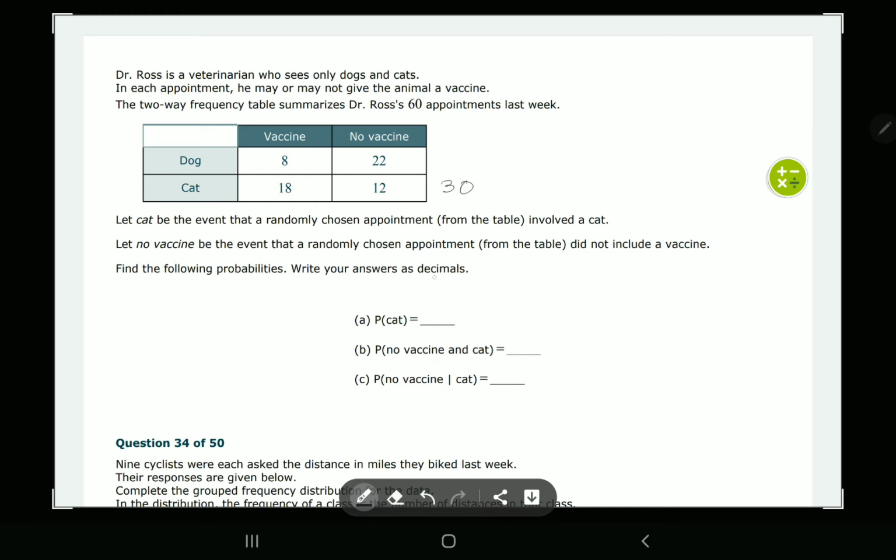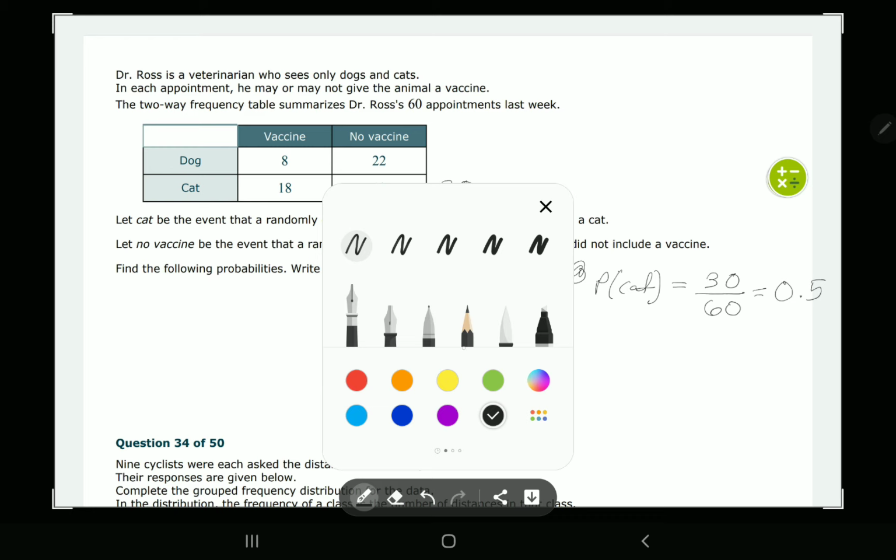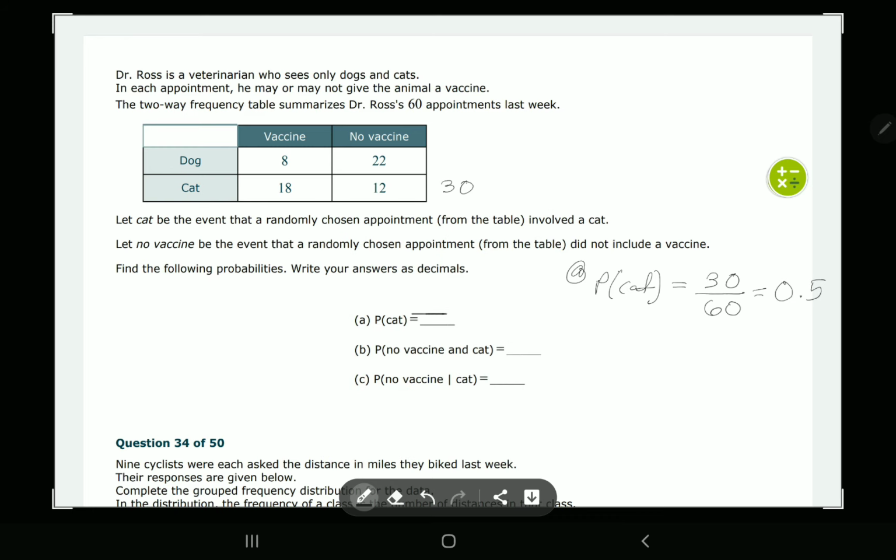So the probability of him seeing a cat is going to be 30 over 60. And 30 divided by 60 is going to be 0.5, because I can reduce that to 1/2. The probability that he sees a cat is 1/2, which is 0.5.